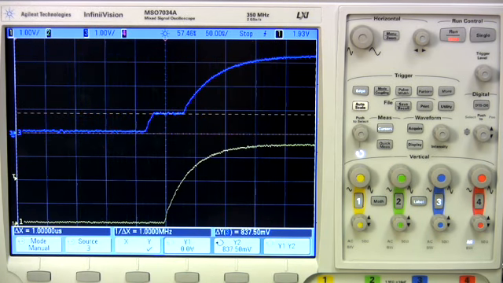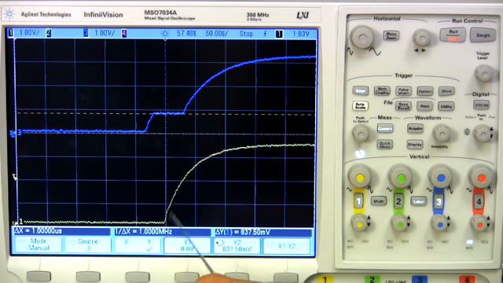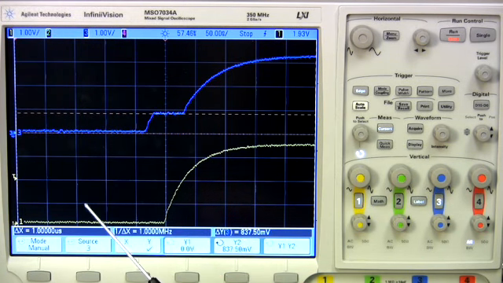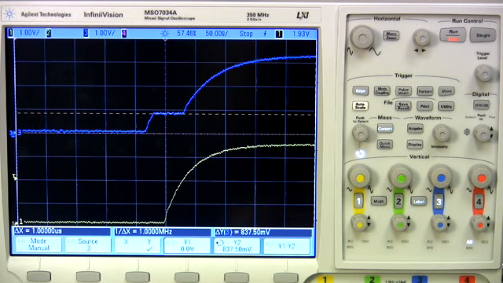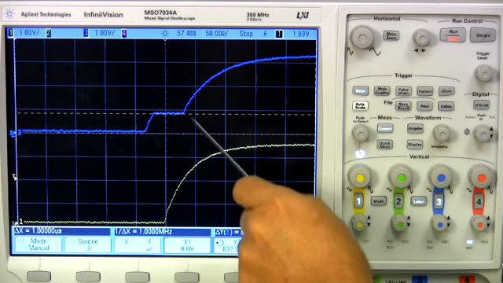Now let's look in more detail at a low to high transition when the Si8452 stops pulling low on the A side. In this screenshot, blue is again the A side and yellow is the B side. The initial low on the A side causes a low on the B side. When the A side releases, the B side must go high before the bus can release on the A side.